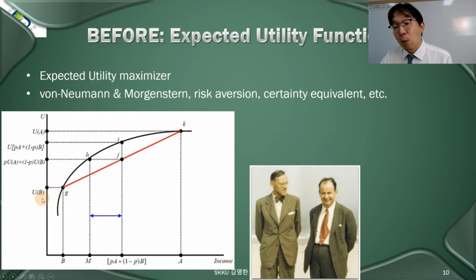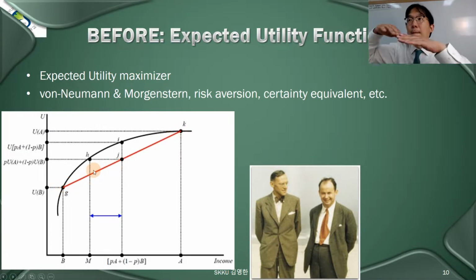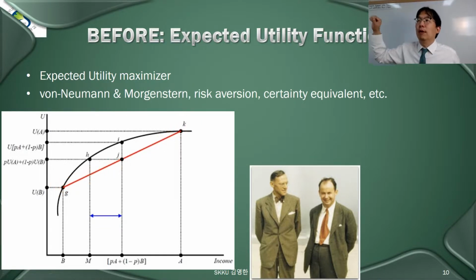When your utility curve is exactly identical to this red line, a straight line, we call that being risk neutral. Risk neutrality is such an important concept in derivatives pricing. Remember that.